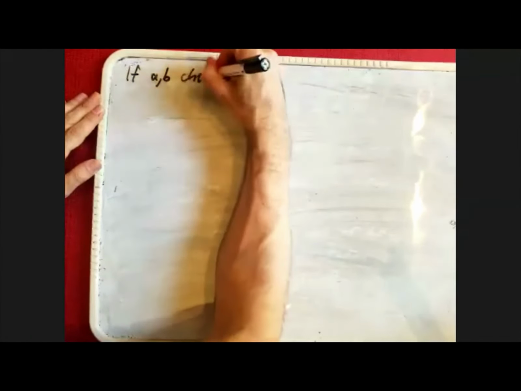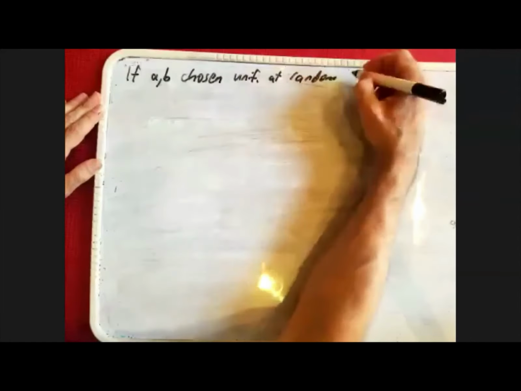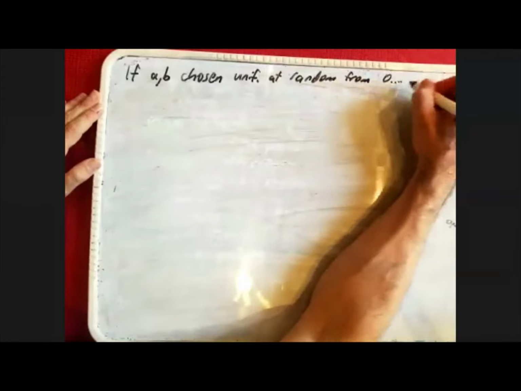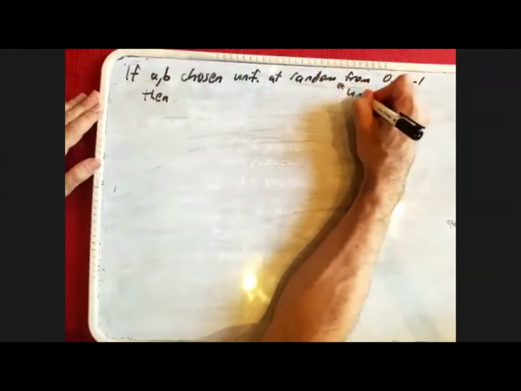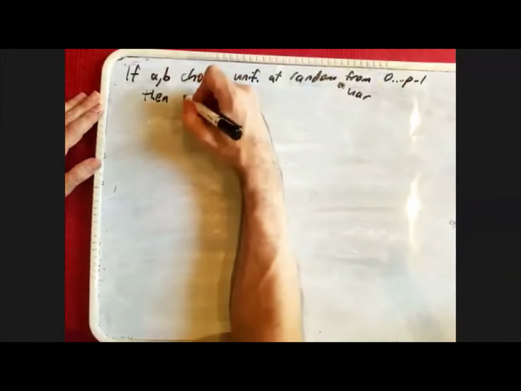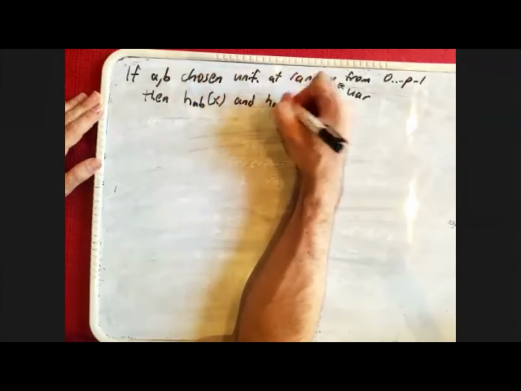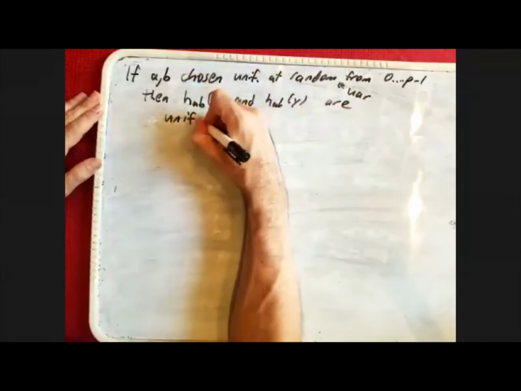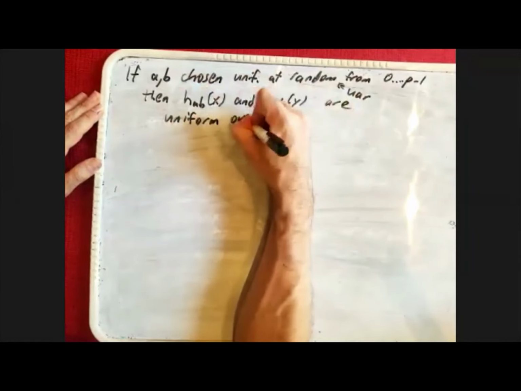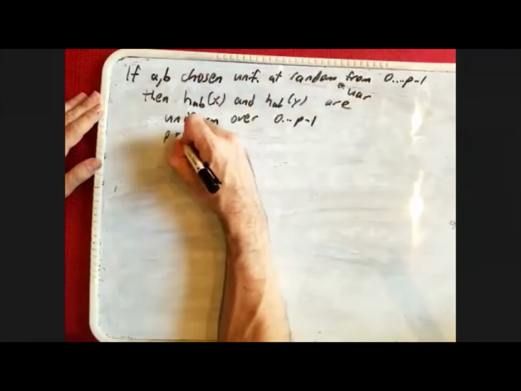In particular, if A and B are chosen uniformly at random, denoted by UAR, from the range 0 to P minus 1, then H_AB of X and H_AB of Y are uniform over the range of values 0 to P minus 1, and also pairwise independent.